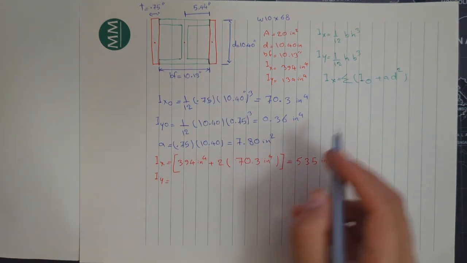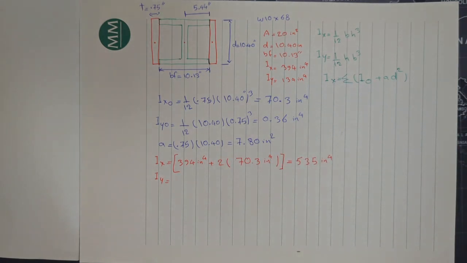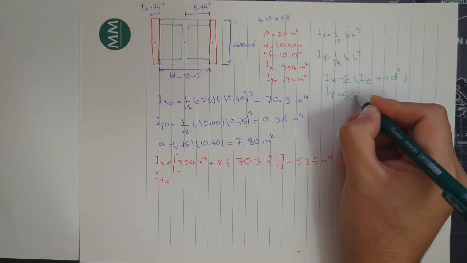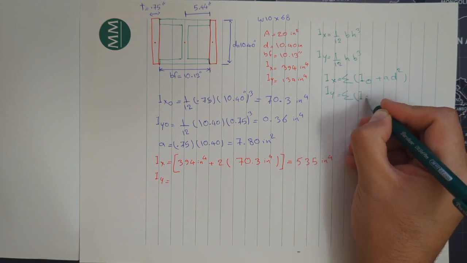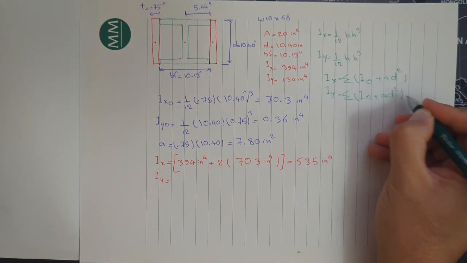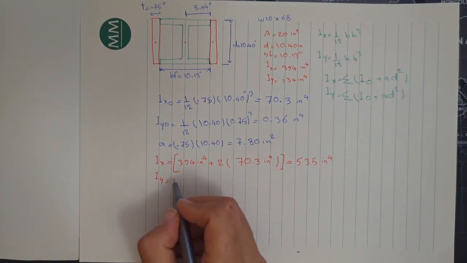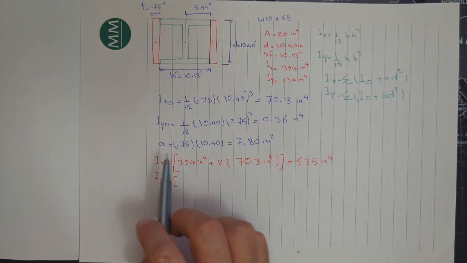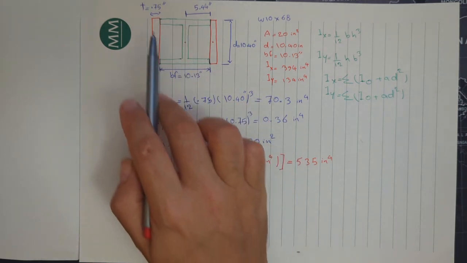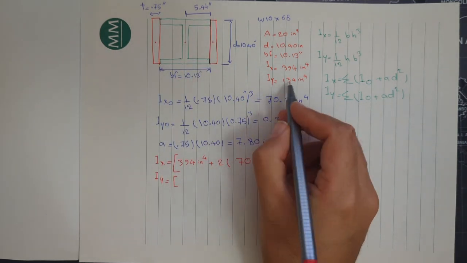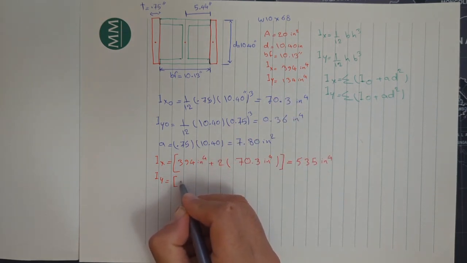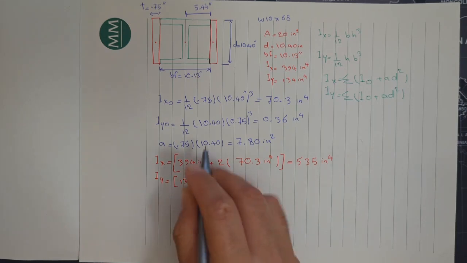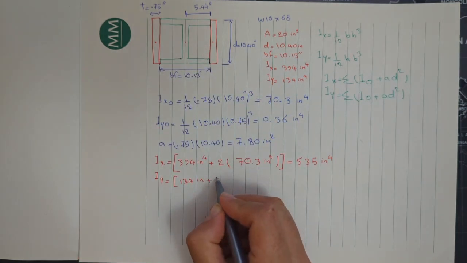So we have to use the parallel axis theorem. So IY equals the sum of IOs plus AD². So IY equals the sum of IYs. So IY for the I-beam is 134 plus, we have 2 steel beams, 2.